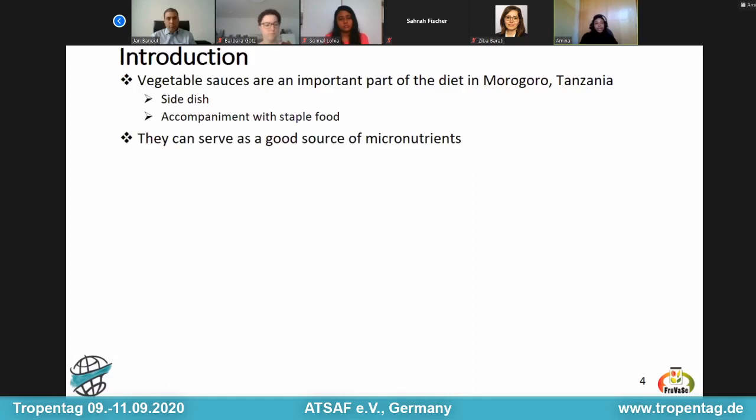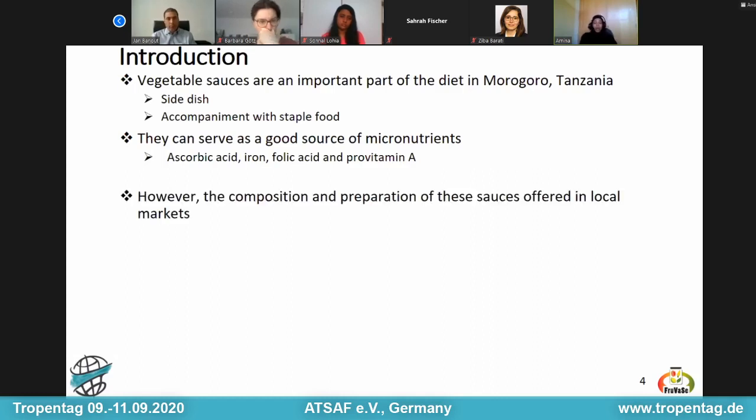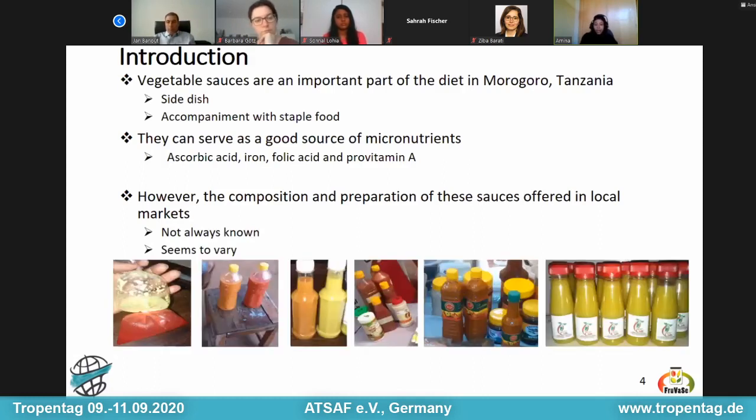They make ugali. So they can serve as a good source of micronutrients, as micronutrient deficiency in this region, sub-Saharan Africa, is high. The nutrients include ascorbic acid, iron, folate, and provitamin A in the form of beta-carotenoids. However, the composition and preparation methods of these sauces offered in local markets or households are not always known and seem to vary from one batch to another, even from the same processor.